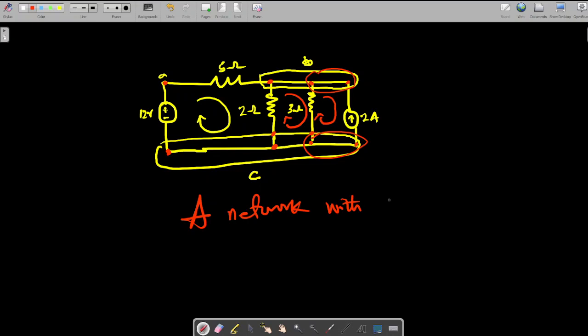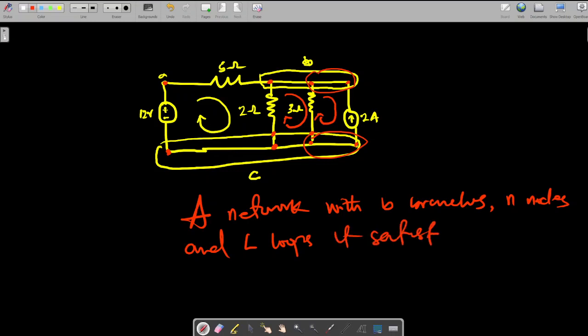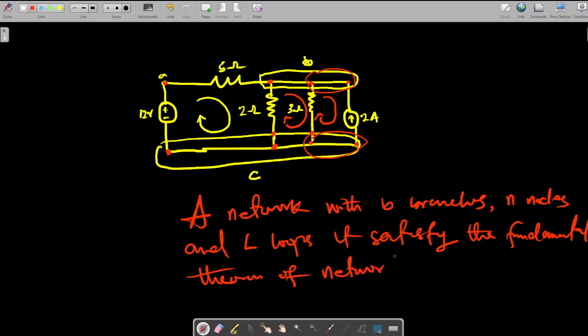So if I have a network with B branches and N nodes and L loops, remember these loops have to be independent, it will satisfy the fundamental theorem of network topology. Am I getting this right?